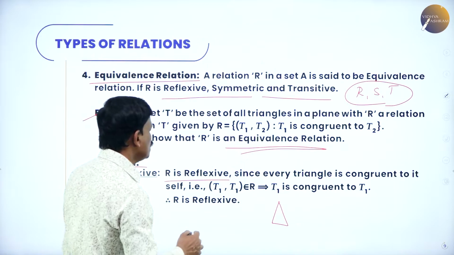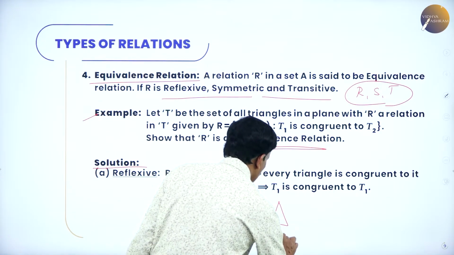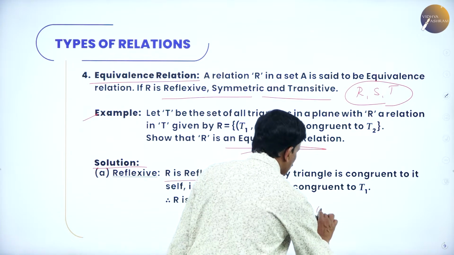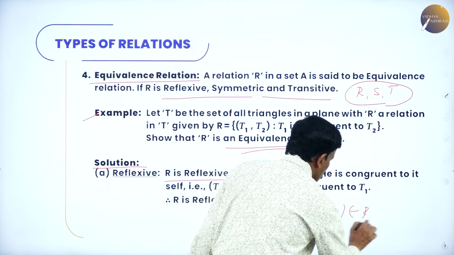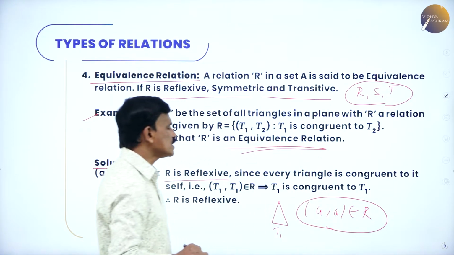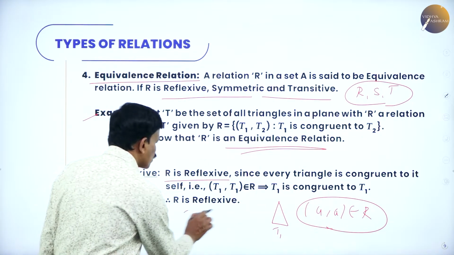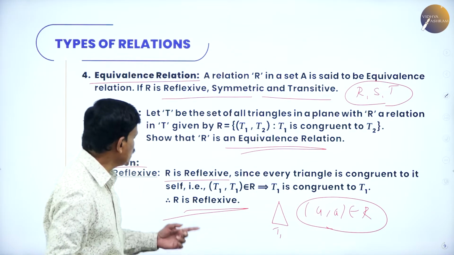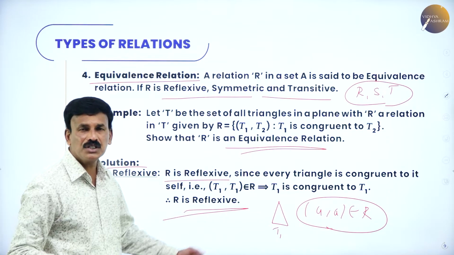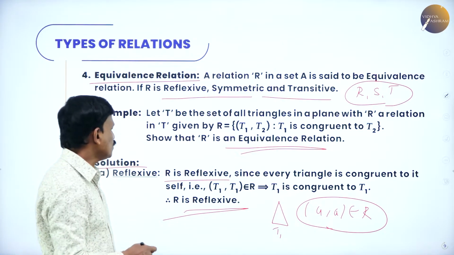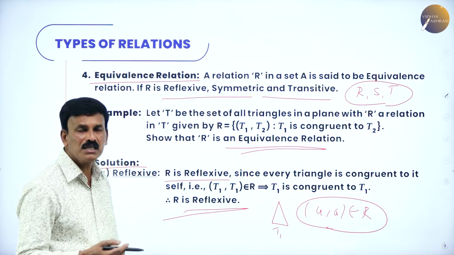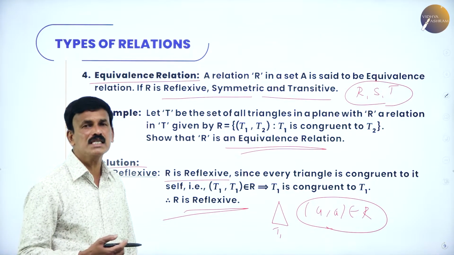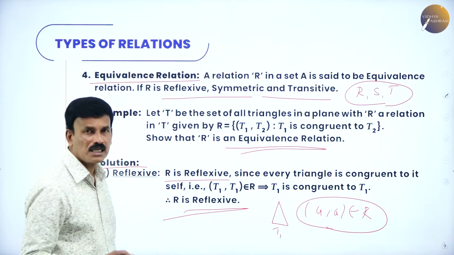So therefore, (T1, T1) belongs to R. That means the condition (A, A) belongs to R is satisfied. So T1 is congruent to T1. Therefore, R is reflexive.